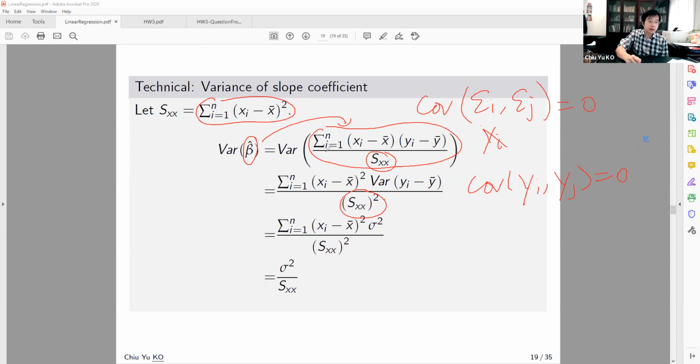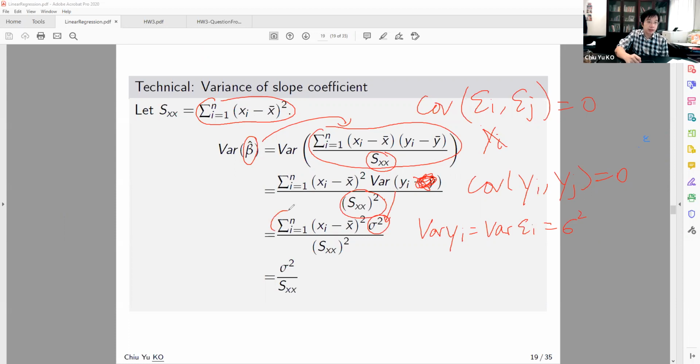That means the variance of a sum will be the sum of the variances, and this constant can be taken out squared. The variance of this is a constant, so you can ignore it. So that becomes the variance of yi, where epsilon i will be just sigma square.